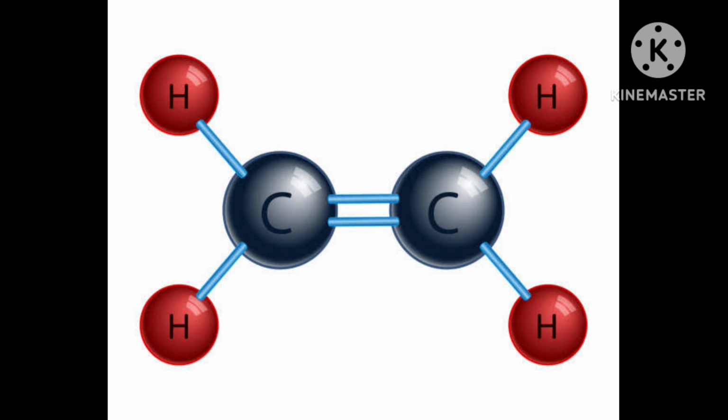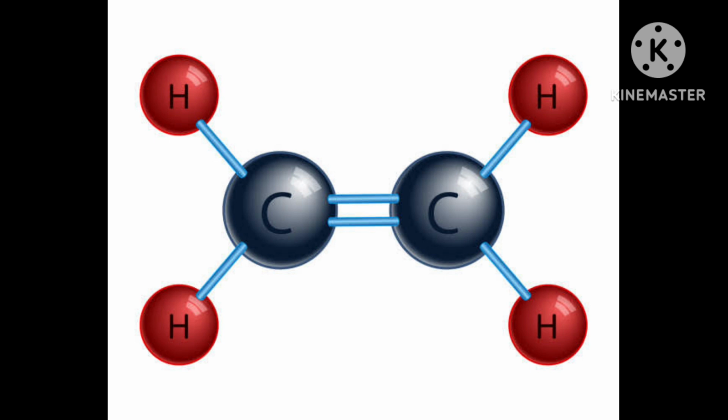The conclusion is that the staggered form is stable and the eclipsed form is unstable. The repulsive interaction between the electron clouds which affects the stability of conformation is called torsional strain.